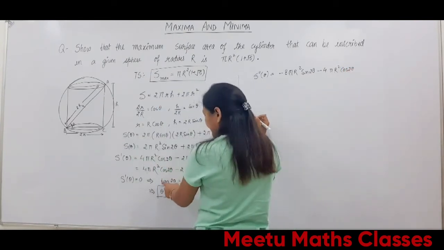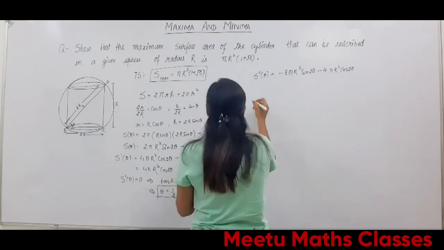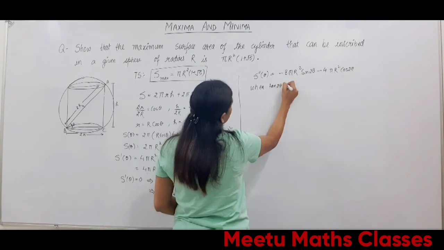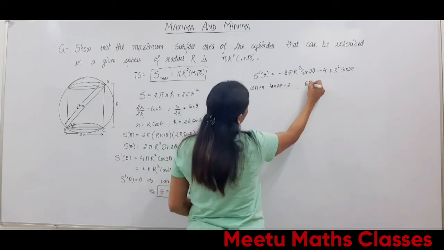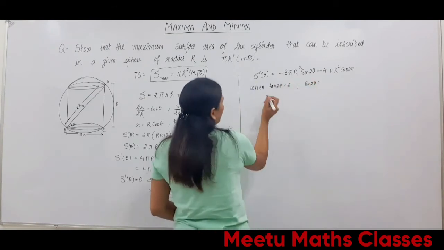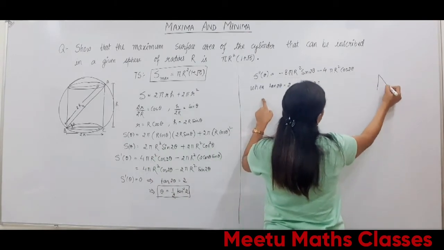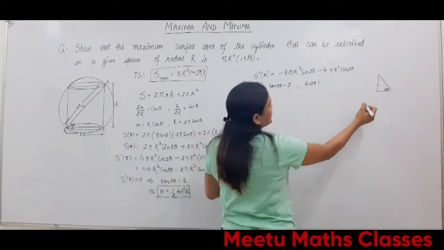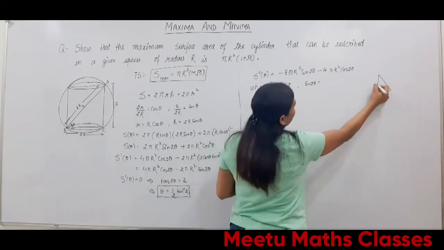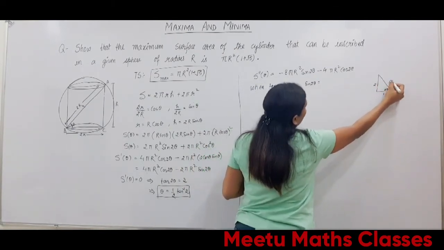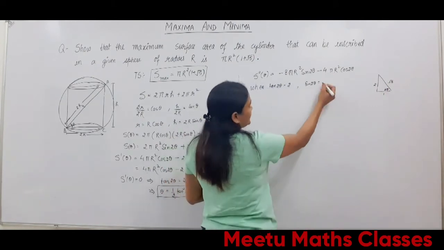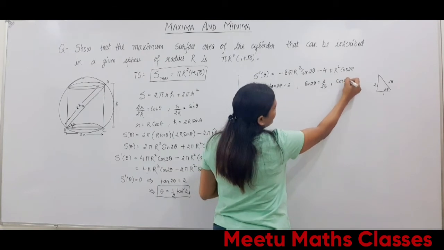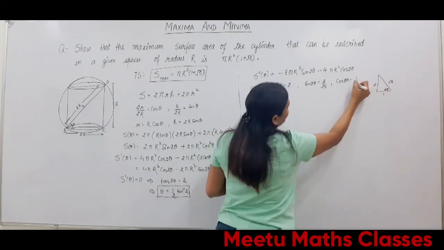Now when tan 2 theta is equals to 2, your sin 2 theta will be, जब अगर आप इससे triangle complete करें, let this be 2 theta, if tan 2 theta is 2 by 1, so perpendicular upon base, so the hypotenuse will come root 5. So sin 2 theta will be 2 upon root 5 and cos 2 theta will be 1 upon root 5.